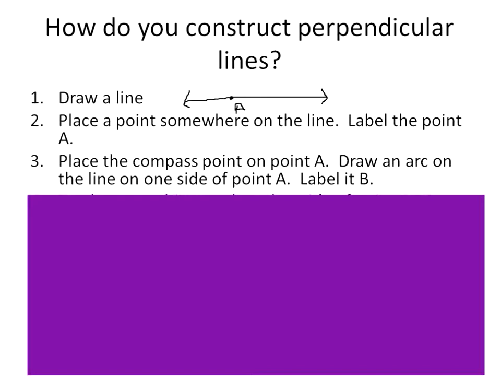I'm going to place my point, which is one of my fingers here, on point A, and I'm going to draw an arc like that on the line. Okay? So go ahead and do that. And then you're going to label it B, right here where it crosses the line.